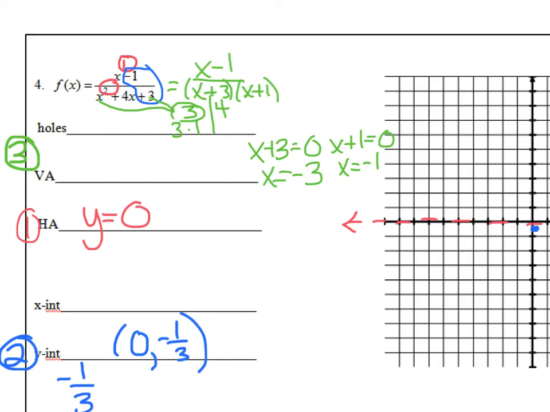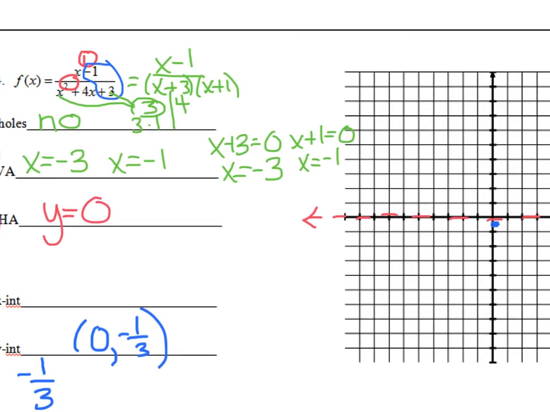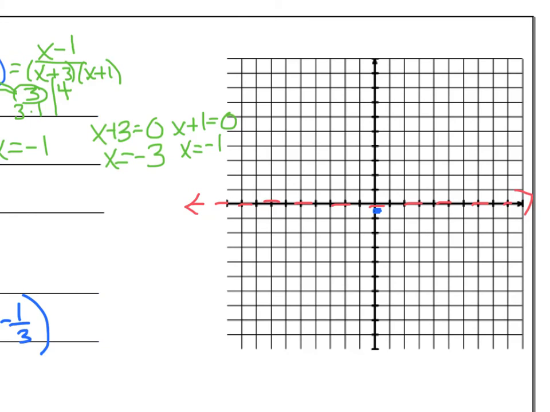The answer is no. So I have no holes. And that means both of these are vertical asymptotes. So we're going to draw these two vertical asymptotes on our graph. x equals -3 and x equals -1.